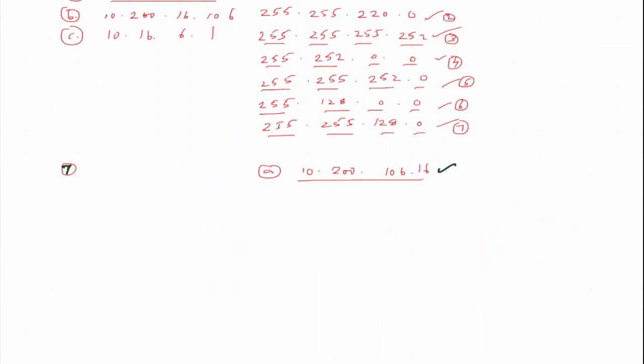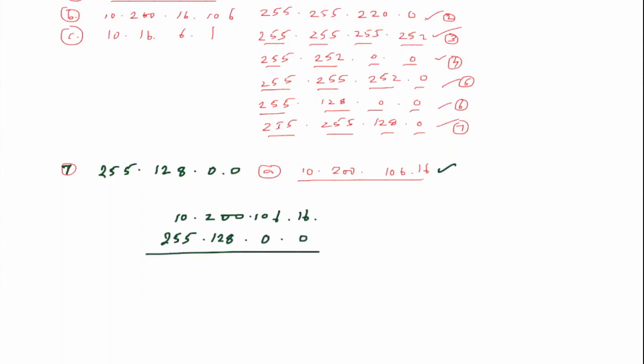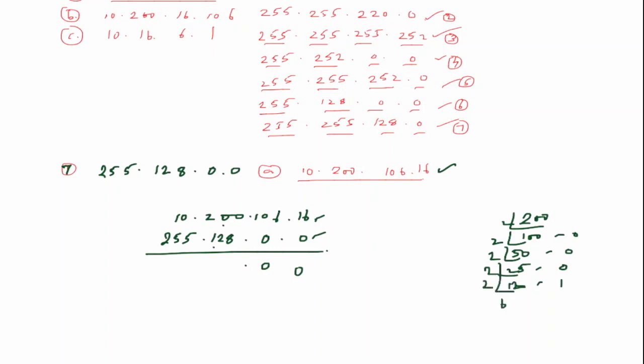Let us take another example. Let us put the subnet mask as 255.128.0.0 and perform an AND operation with 10.200.106.16. 16 and 0 is 0, 106 and 0 is 0, 128 and 200: what is 200 in binary? 200 divided by 2 gives remainder 0, 100 remainder 0, 50 remainder 0, 25 remainder 1, 12 remainder 0, 6 remainder 0, 3 remainder 1, 1 remainder 1.